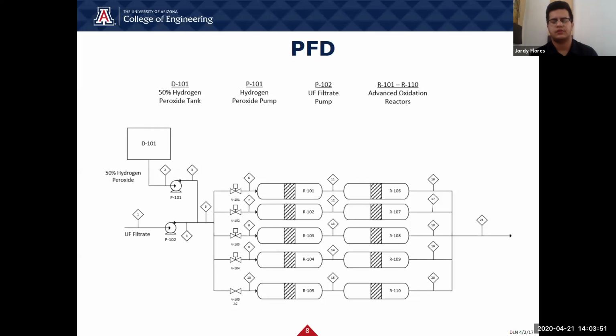Using experimental results from the AOP, we scaled up our design to this process flow diagram, which is divided into 3 main subsections. The first is the 50% hydrogen peroxide storage tank, which will use its pump to mix with our ultrafiltration filtrate with its corresponding pump. Then this mixture will run into our scale-up reactors.